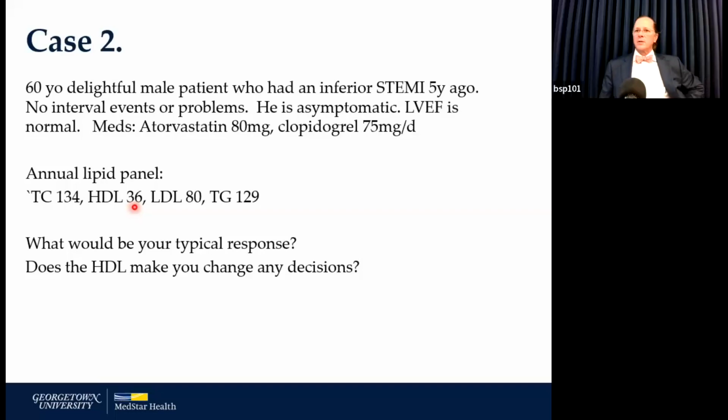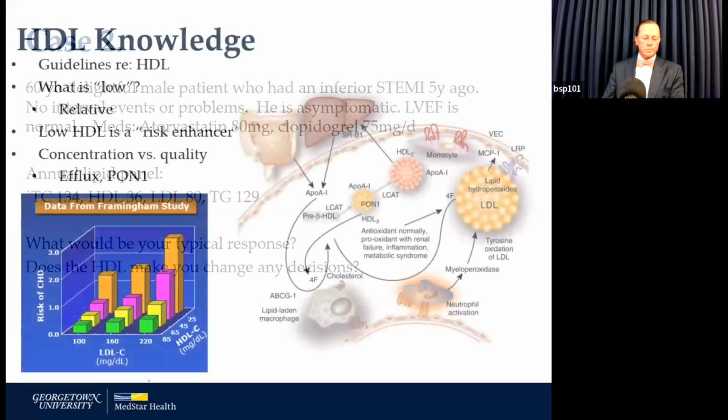A decade or two of research to try to do that led to nowhere. So I think your typical response would be, I don't look at the HDL because I don't know how to treat it. It worries me, but I don't know what to do. And I ask you the question, would you change any decisions? And I'm going to show you how to do this. I use HDL to deliver personalized care about lipid goals.